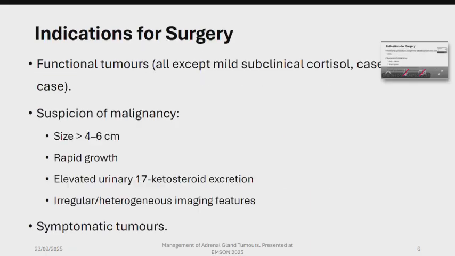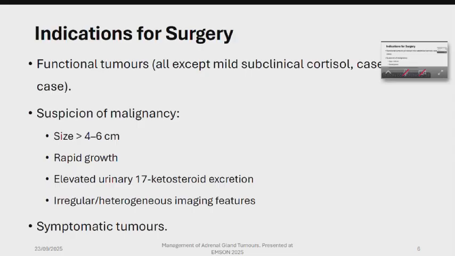In terms of treatment modality, most of the tumors are managed surgically. And functional tumors, all except the mild subclinical cases, are treated through surgical means. What will make us suspect this could be a malignant tumor? If the size on the scan is greater than 4 to 6 centimeters, then we're probably dealing with a malignant tumor.